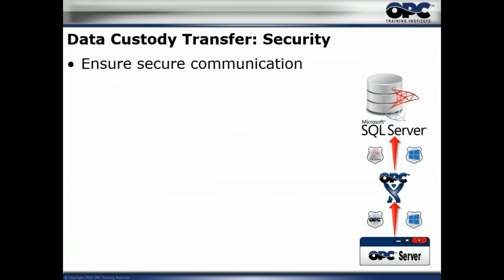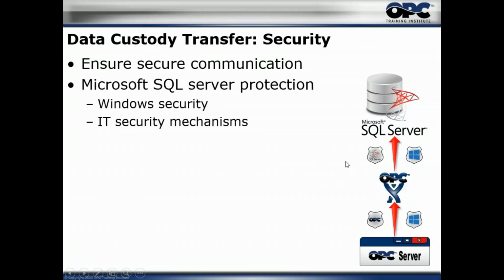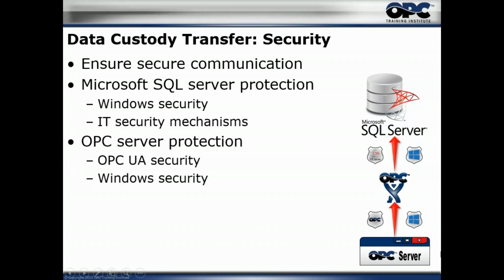Also, security is a big issue. It's a really big issue. We need to make sure that we have secure communication. So we really need to respect SQL Server security right up here, using Microsoft SQL Server security, also Windows security. We also need to respect OPC server protection, whether it's OPC security or Windows security.